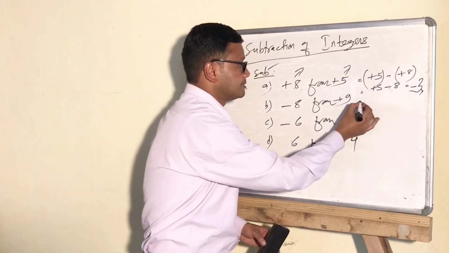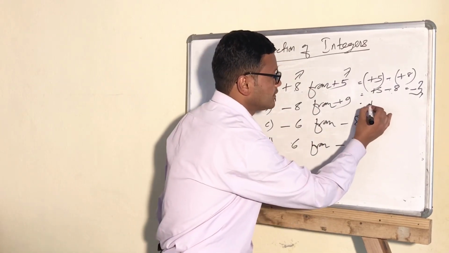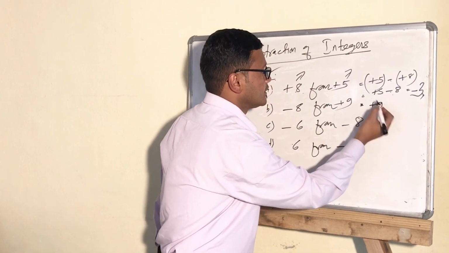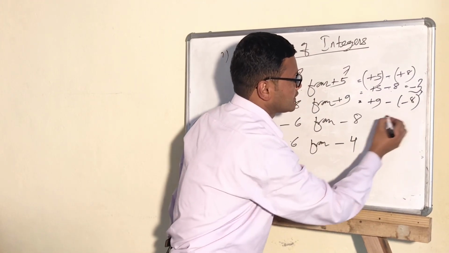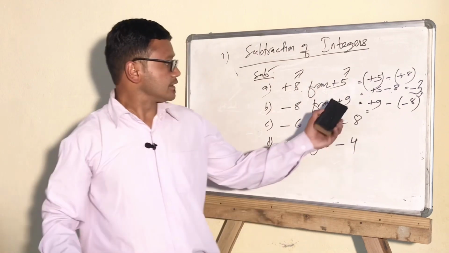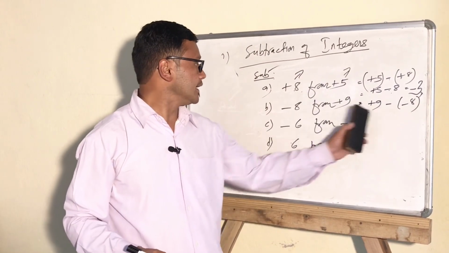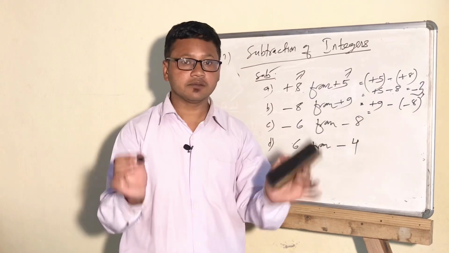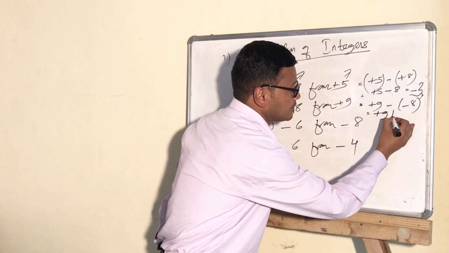Now B, again minus 8 from 9. First write plus 9, then we are doing the subtraction, that's why minus only, then minus 8 inside the bracket. Now plus 9, minus into minus, plus.